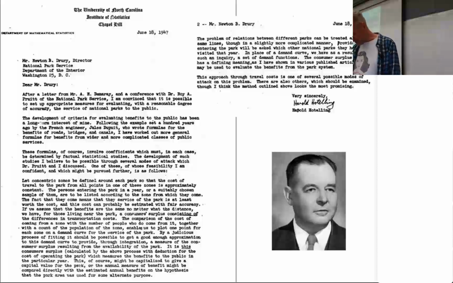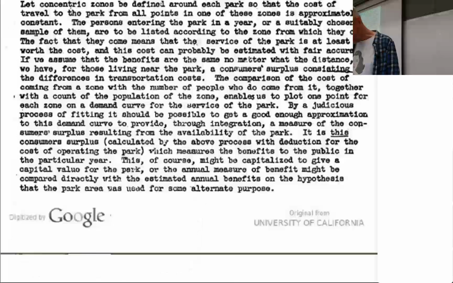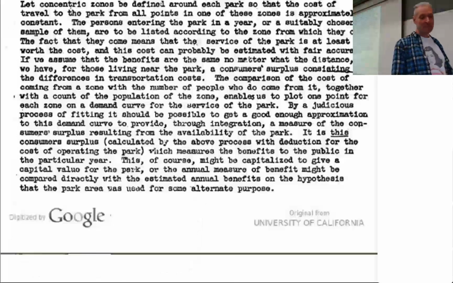A true giant in the field, mostly doing stuff that you don't get during your undergraduate studies, except for the first welfare theorem. He was the first to prove this algebraically. But he also introduced the travel cost method.